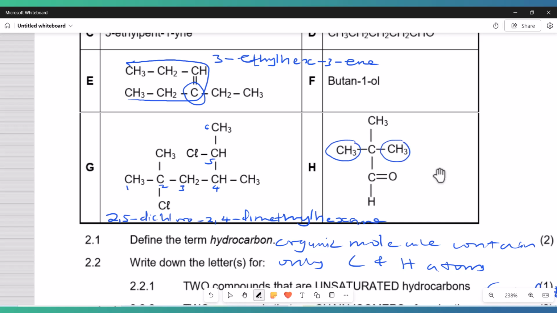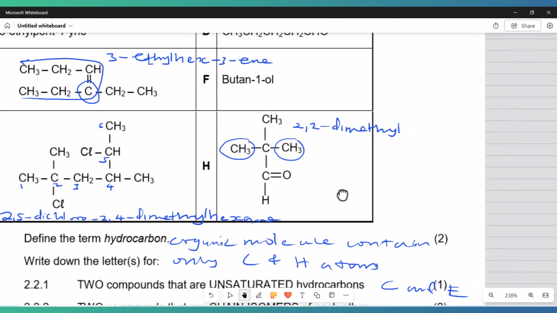So we're going to say 2,2-dimethyl propanal. Dimethyl what? Propanal, because there are only 3 carbon atoms.